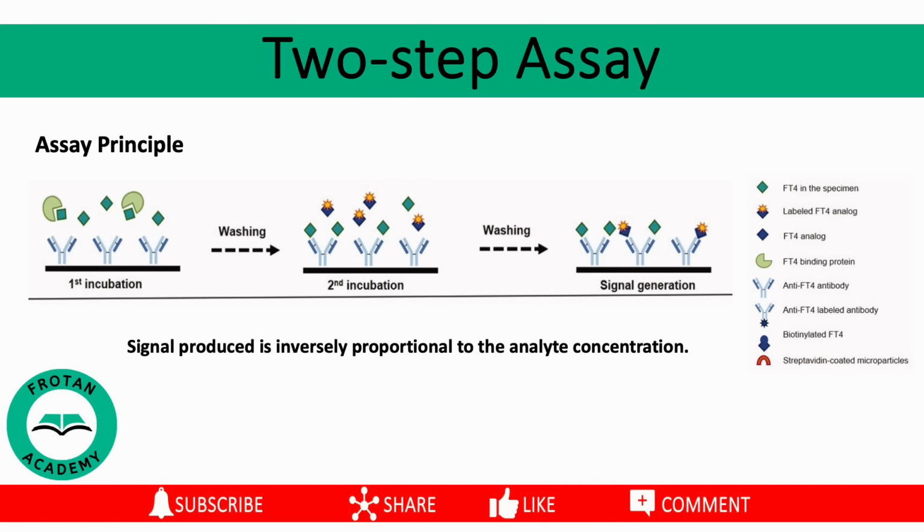The unbound constituents are then washed away, and labeled FT4 conjugates are then added to bind to the unoccupied anti-FT4 antibody binding sites. The mixture is washed again to remove any unbound constituents, and the signal from the bound labeled FT4 conjugate is measured, which is inversely proportional to the concentration of the FT4 in the sample.